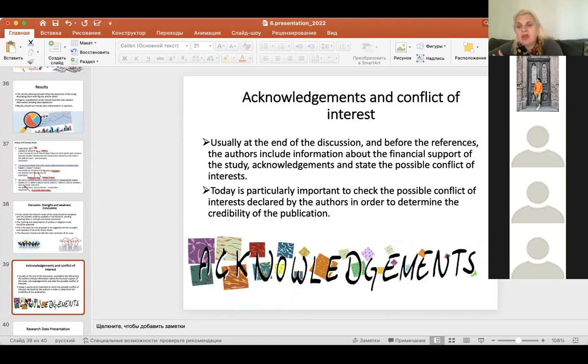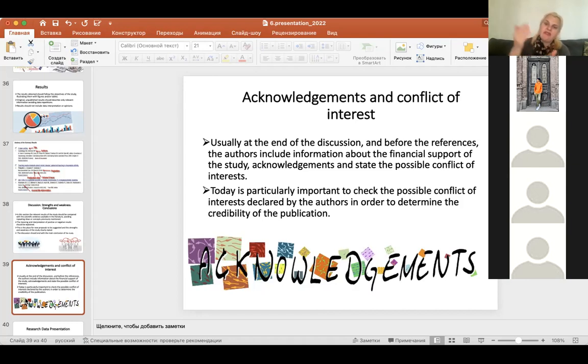Acknowledgement and conflict of interest. It's a special appendix sometimes. Good journals, in their rules for authors, write: please, potential authors, write a letter about conflict of interest.